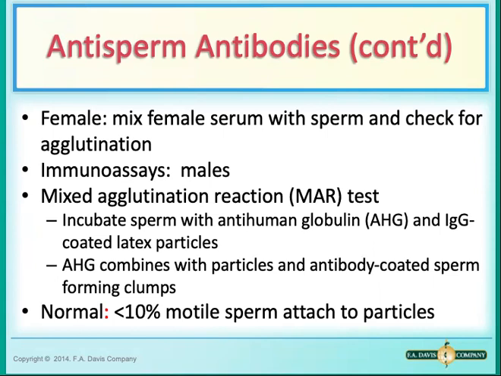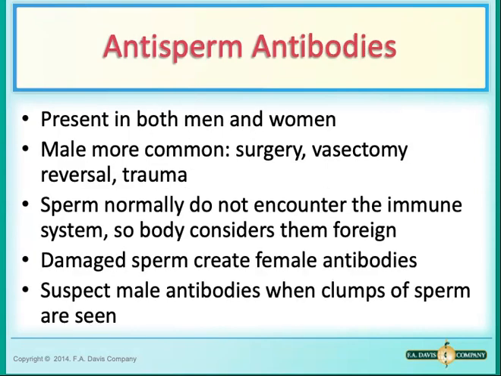Okay, so when we're looking at these antibodies, again, they can be present in both men and women, but more commonly they are seen in men, especially after surgery or a vasectomy reversal.